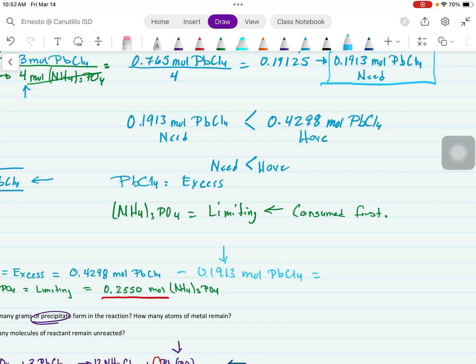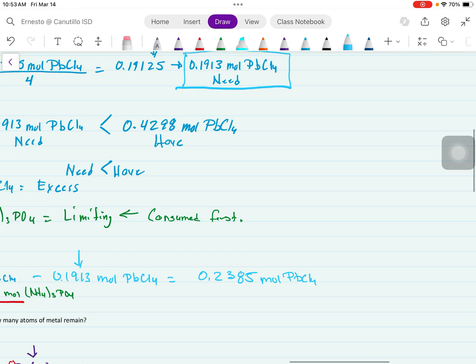That's what we calculated that we're going to need. So when this reaction goes forward, we're going to use this much of it. So let's figure out the difference. That's going to give me a difference of 0.2385 moles of lead 4 chloride.